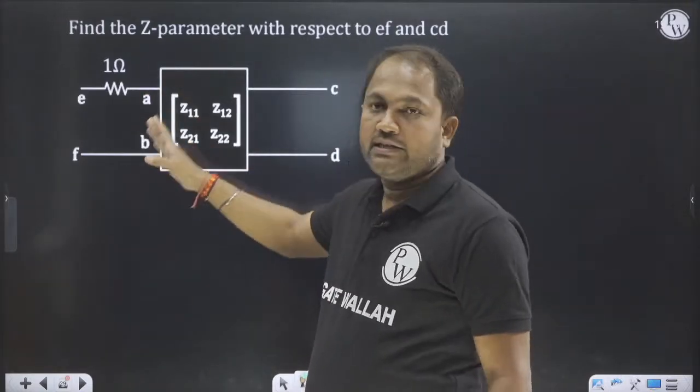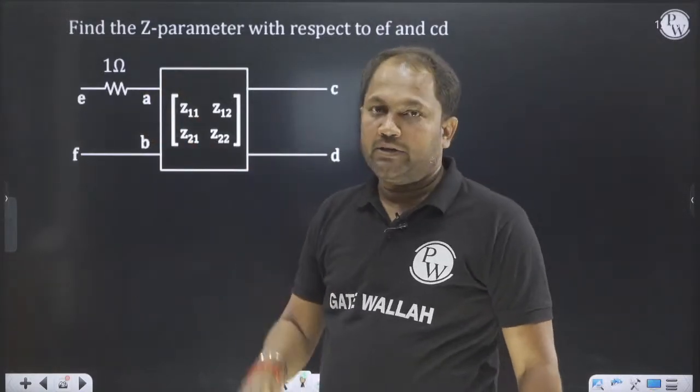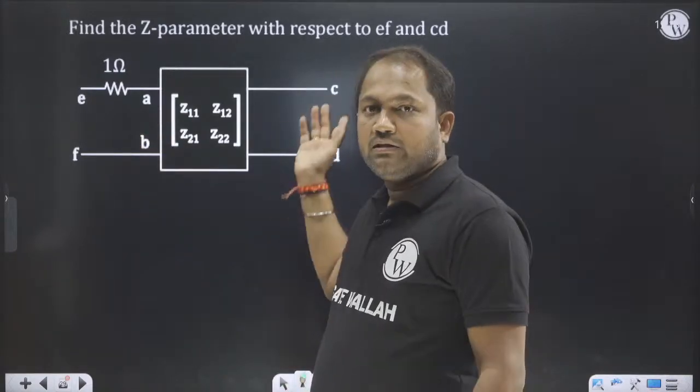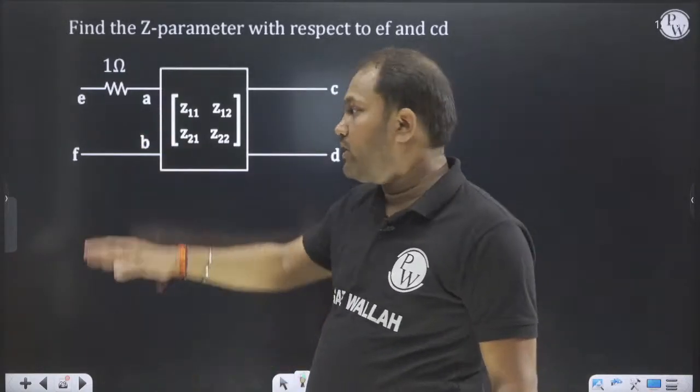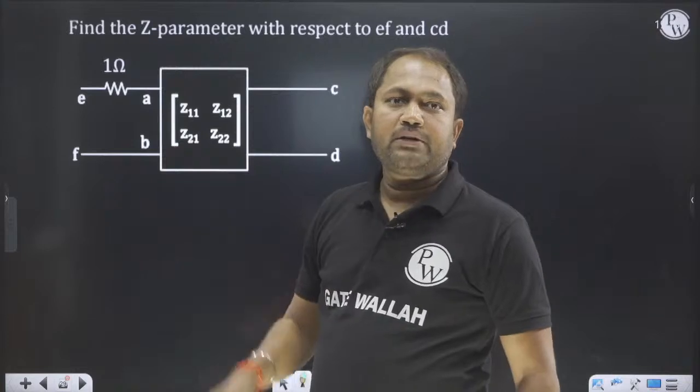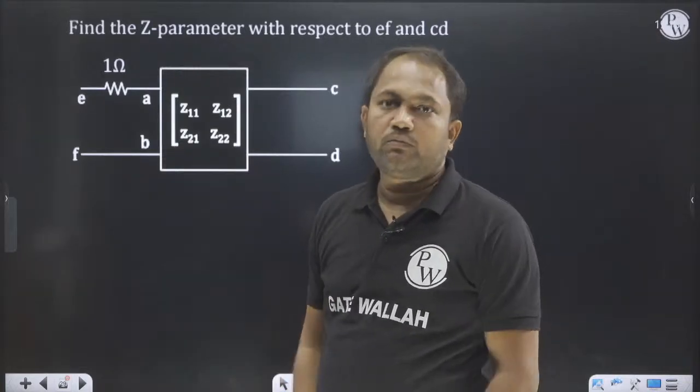If this side is series and this side parallel, the H parameter model; this side parallel and this side series, the G parameter model. For ABCD parameters there is no model.